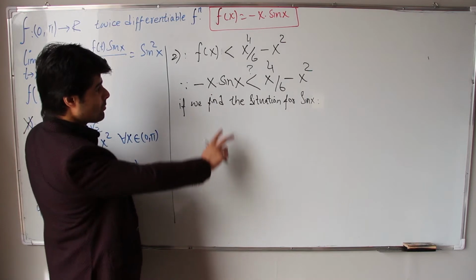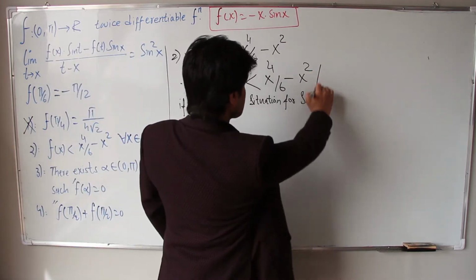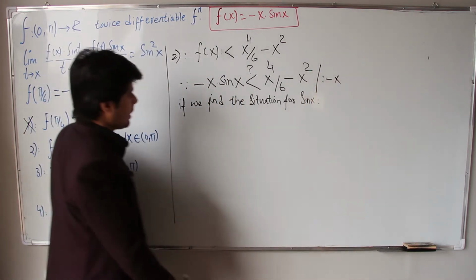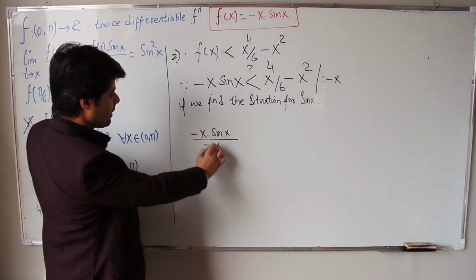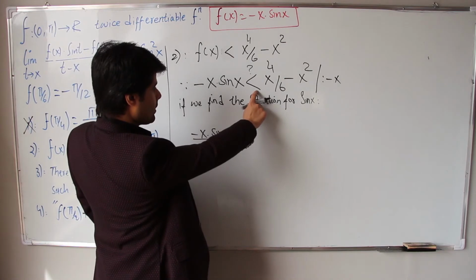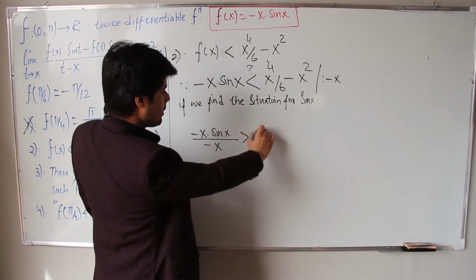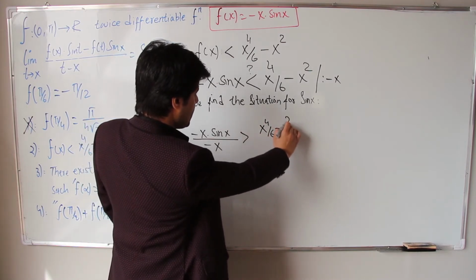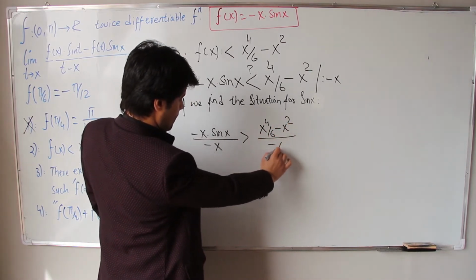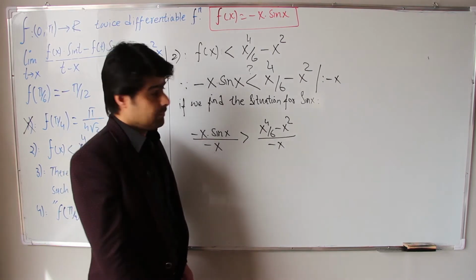Now how can we find the situation for sine x? It means we have to divide both sides by minus x. Now minus x sine x is divided by minus x, and this one becomes greater than x to the power 4 divided by 6 minus x squared divided by minus x. Am I right?